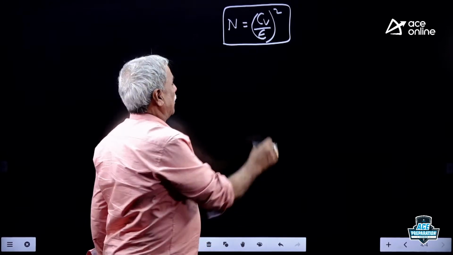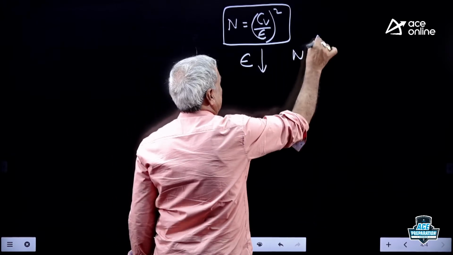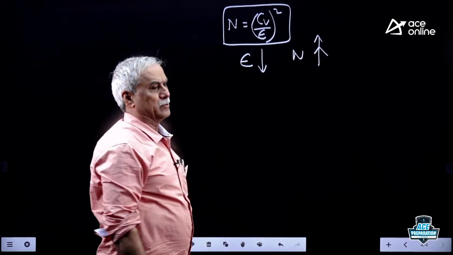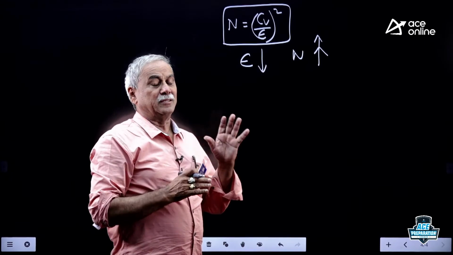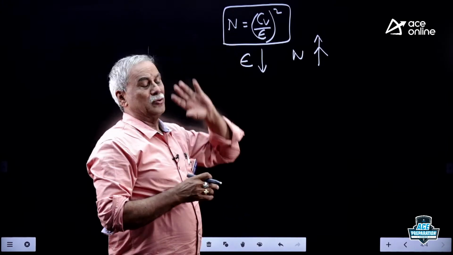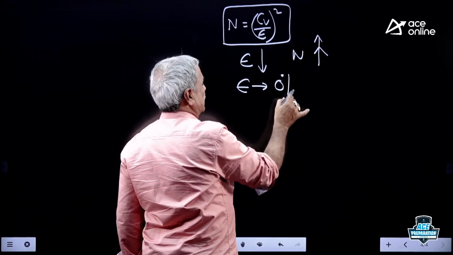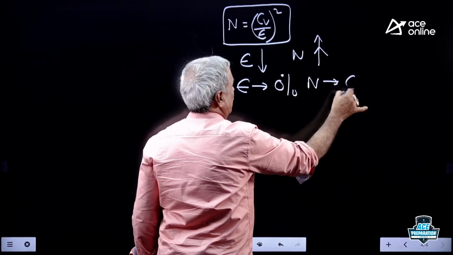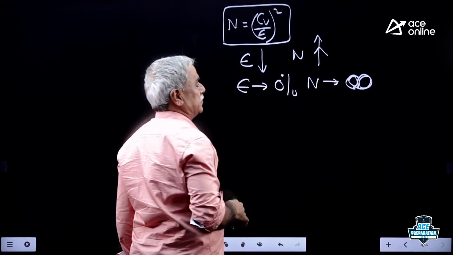If epsilon is lesser and lesser, the N value increases enormously. There is also one important observation. If the error is minimized, as epsilon tends to 0%, N value tends to infinity, infinite number of rain gauge stations.